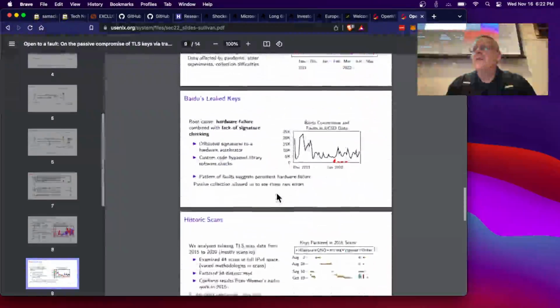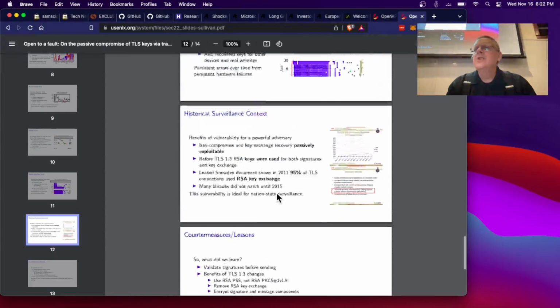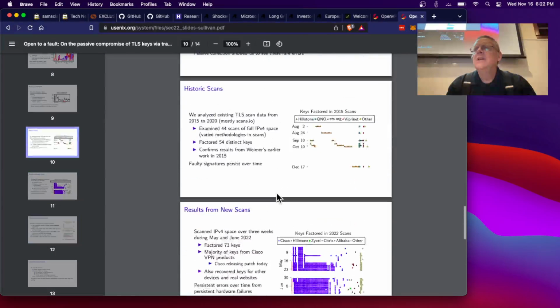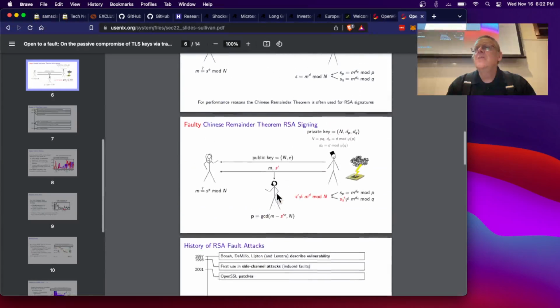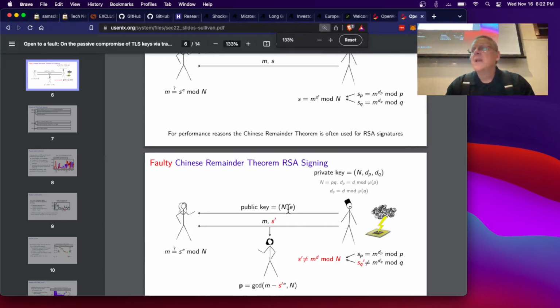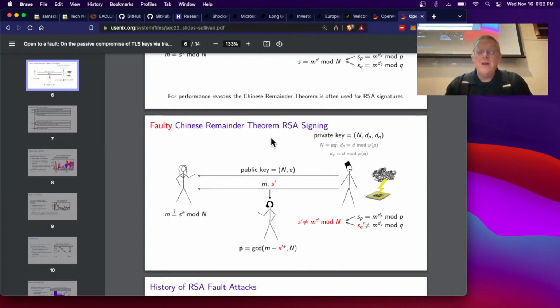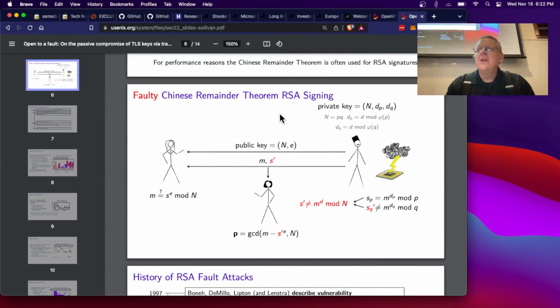Now let me find this one that shows the way they actually do the RSA signature. It uses this thing called the Chinese remainder theorem. This might be it. Yeah, this is what happens. You're trying to calculate the RSA signature. And it turns out that for performance reasons, they don't do it the way we did it.